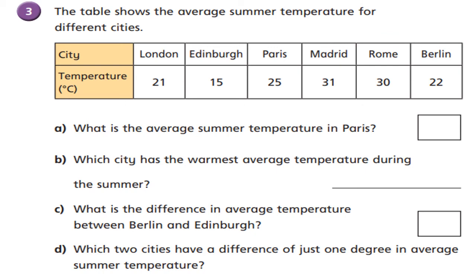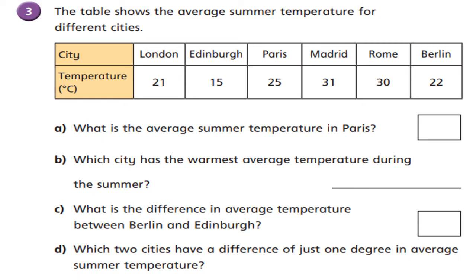And here we have a table showing the average summer temperature for different cities. We have London, Edinburgh, Paris, Madrid, Rome and Berlin. And the temperatures are shown underneath in degrees Celsius. Can you use this table to answer the following questions?